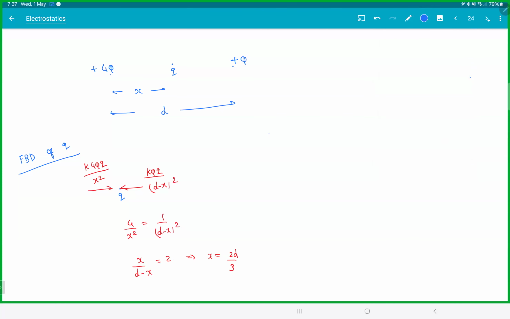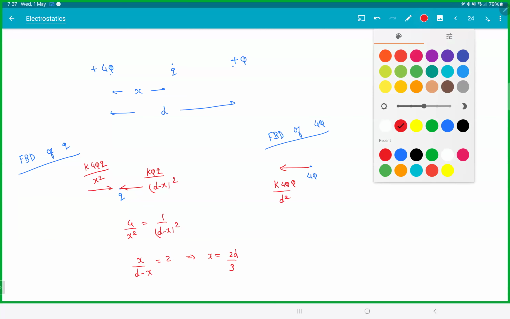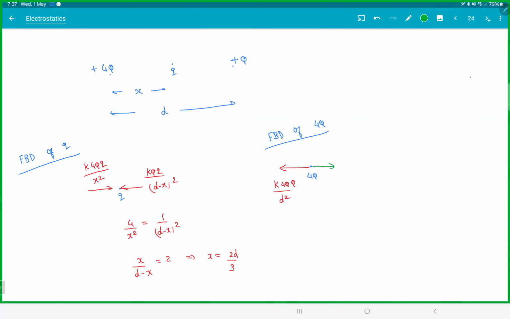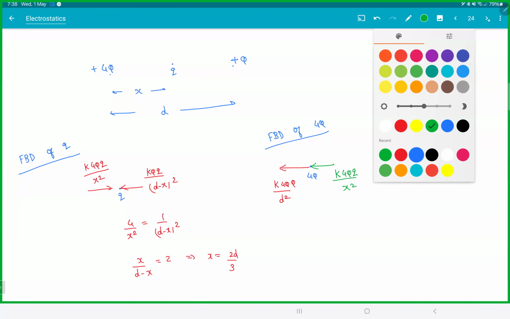Now you can take FBD of any one guy. I will take FBD of 4q. And you can clearly see here that q guy is repelling, k 4q Q by d square. So definitely to keep it in equilibrium, this guy should attract. So q should be actually negative. That is a catch. But even if you don't care about that and take the positive sign, k 4q q by x square, this total should be 0.